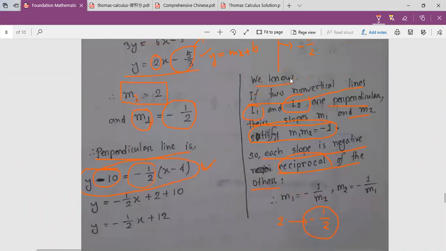So where is our perpendicular line? This is for our answer.